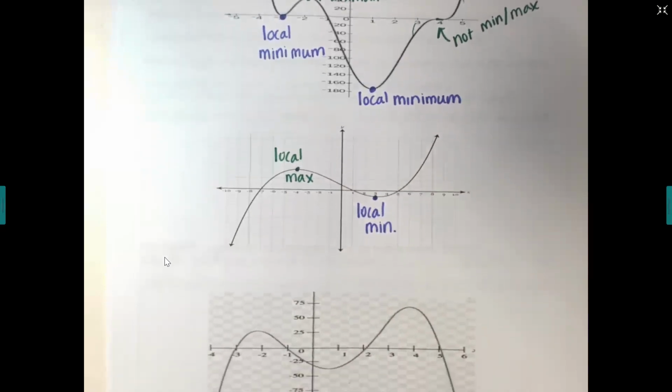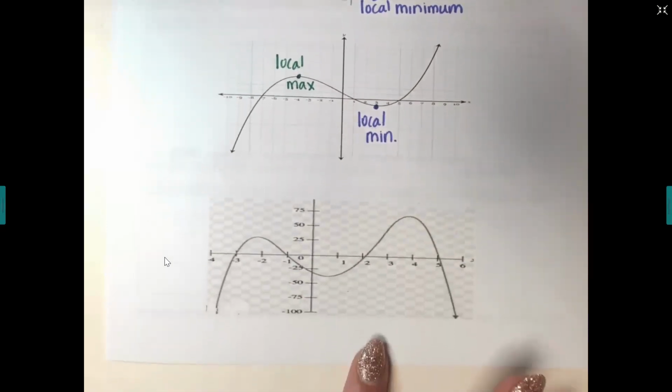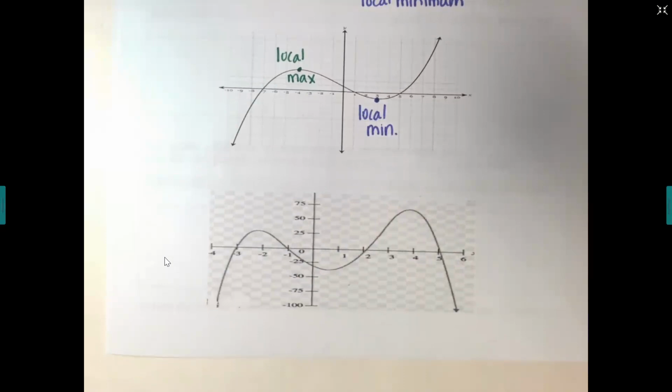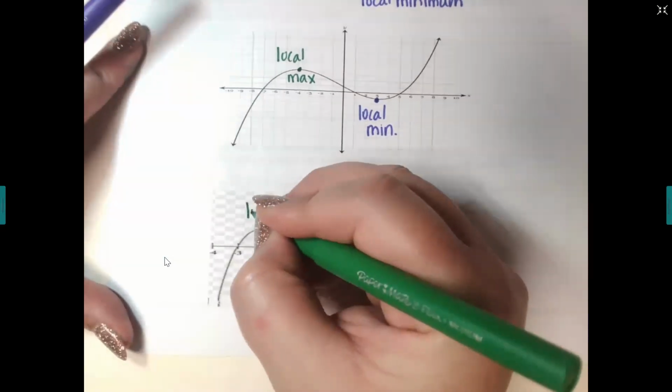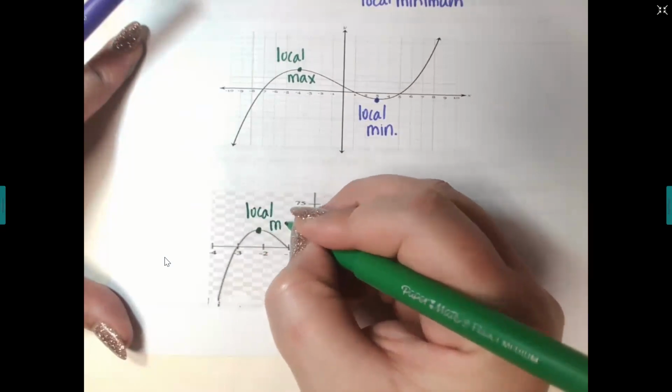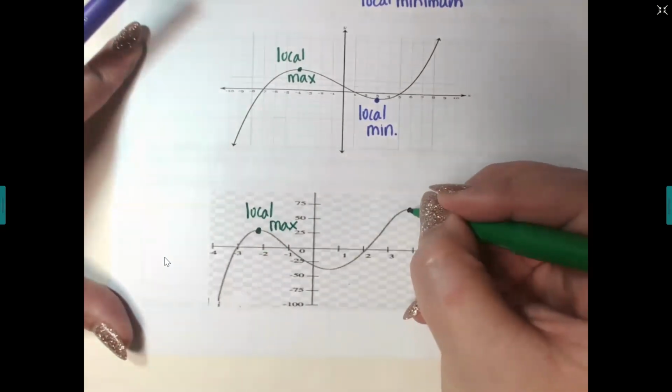Okay, one more left. Take a look at the third graph. Okay, hopefully you can see that we have 3 local mins and maxes. You have 2 maxes, one here and one here.